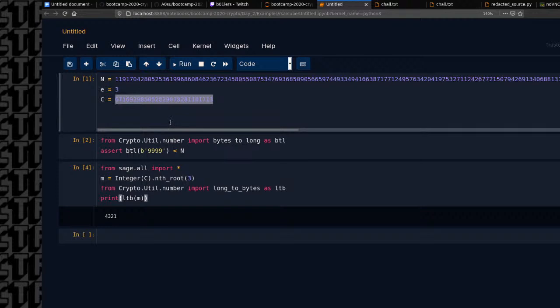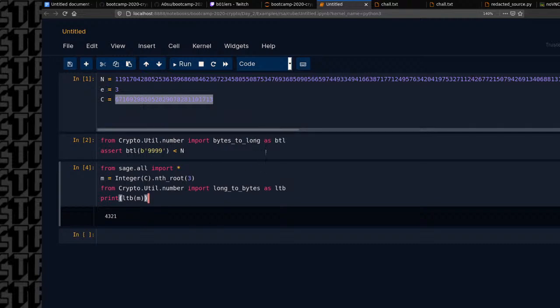So all that's represented here is m to the third, not m to the third mod n. That's just an example of if you know something about the plaintext, which is a pretty common theme in crypto CTF challenges, that you're able to leverage some other hint, but in this case you leverage the message instead.